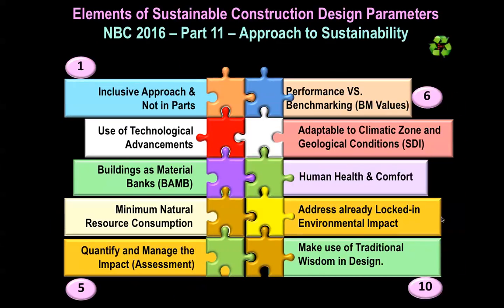The National Building Code also talks about elements of sustainable construction design parameters. This is the title, actually: elements of sustainable construction design parameters. It talks about 10 important elements of parameters: an inclusive approach and the use of technological advances. The whole thing has to be taken into consideration. Sustainable development is not going back to the cave period.